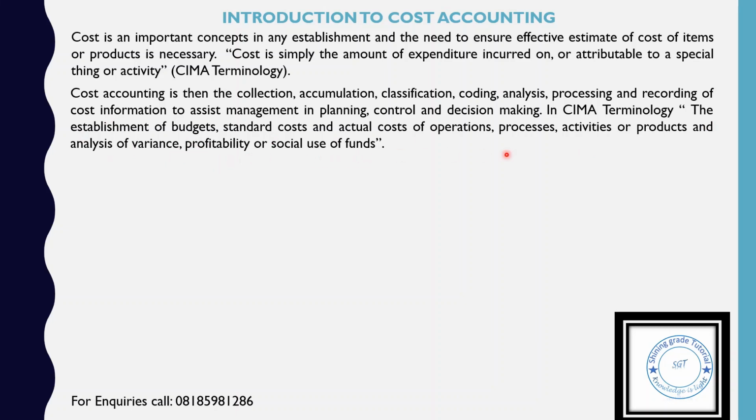So it involves establishing a standard cost, then having a budgeted cost as well, and knowing the actual cost for particular activities or process or a product, and then knowing the variance, making analysis on the variance, and contributing to ensuring that there's effective profitability and effective use of funds for the whole organization.